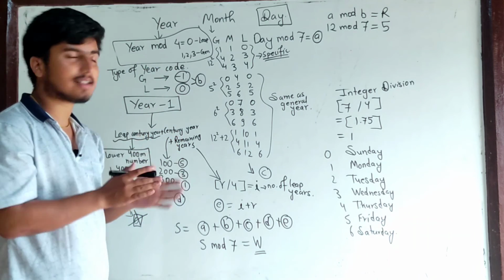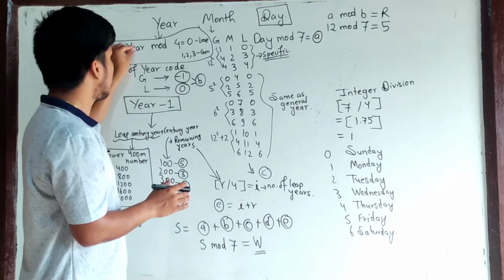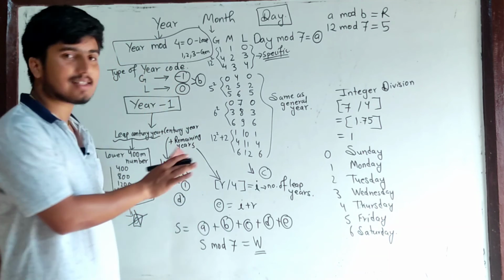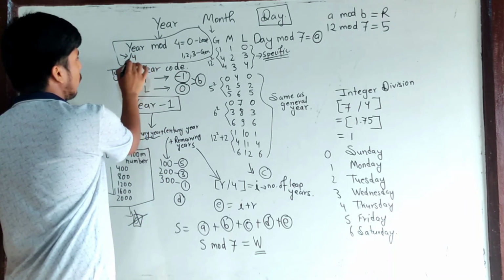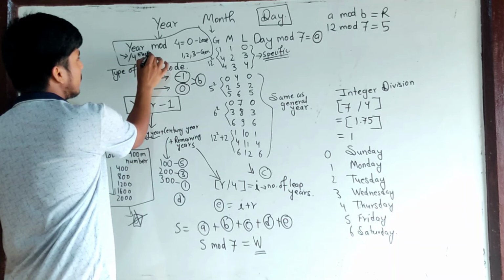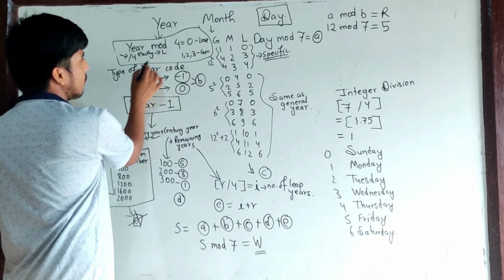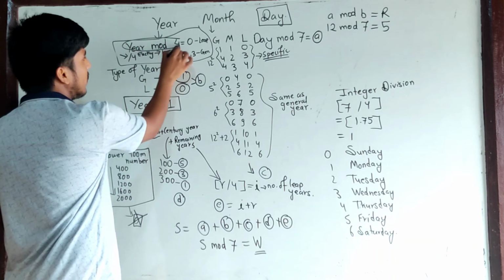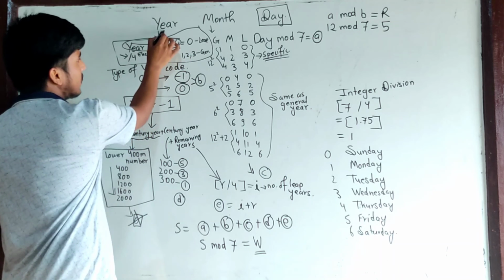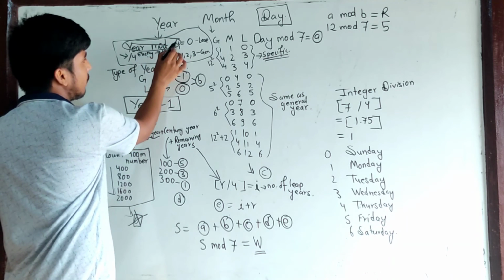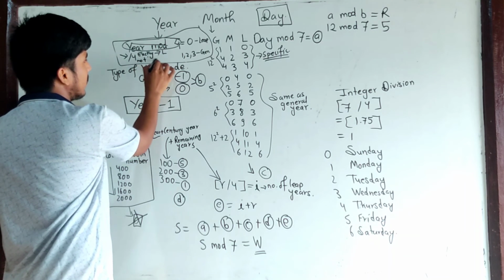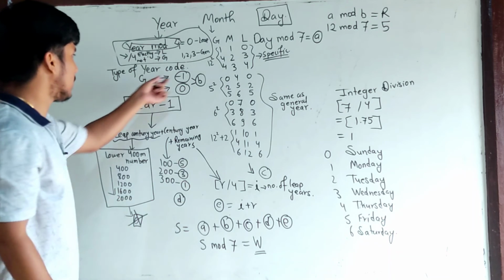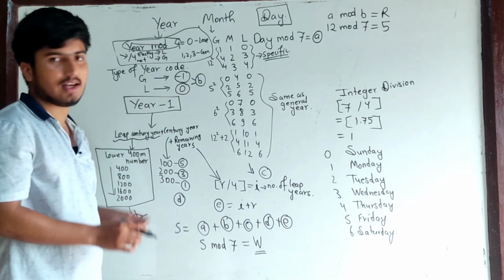For finding the type of year, we perform year mod 4, or we can say that if the year is exactly divisible by 4, then it's a leap year, without going into the modular division, and if not, then it's a general year. And -1 for the general year, 0 for the leap year.